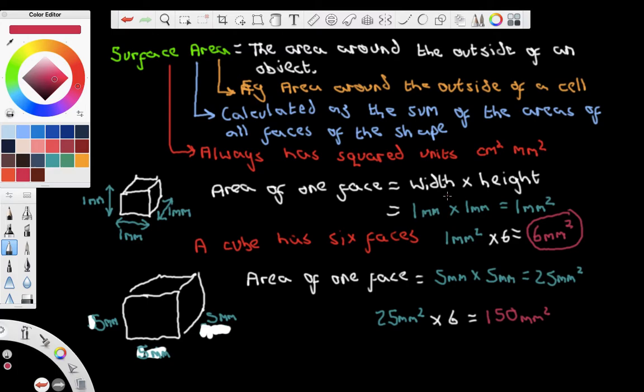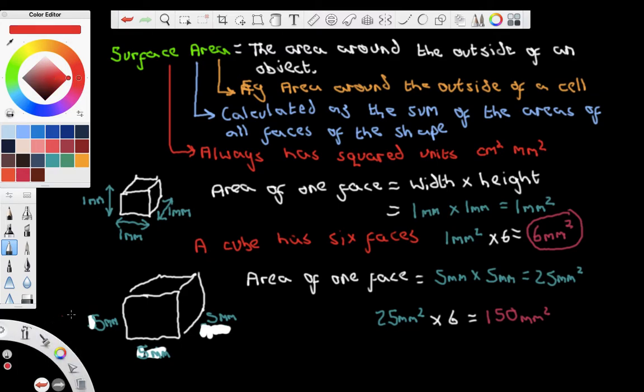Essentially, in terms of biology, surface area is about how much space you have to exchange things with your environment. So the bigger surface area an organism has, the more space it has for diffusion to happen across.